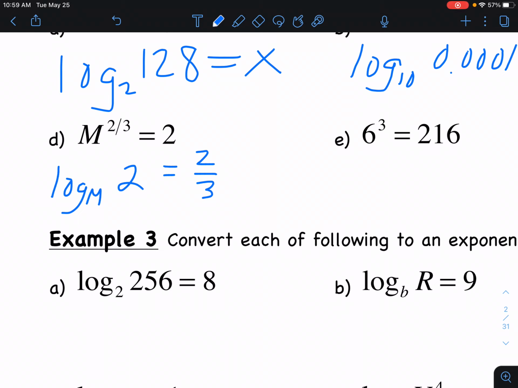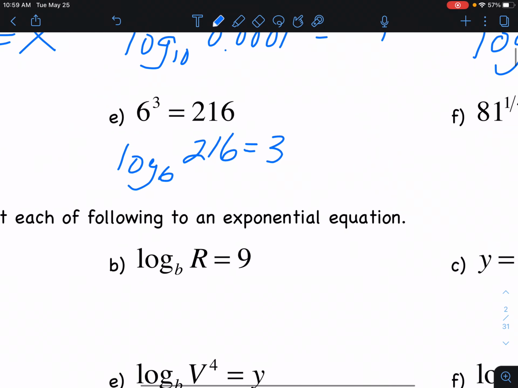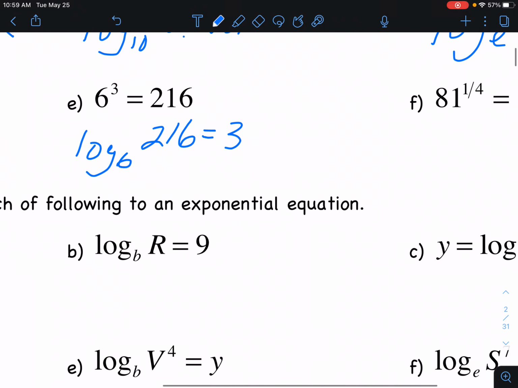Okay, so this would be log base 6 of 216 equals 3. So the exponent, that 3, always goes standalone by itself, equals 3. What this log is telling somebody is, if I were to ask you, what's the log base 6 of 216?